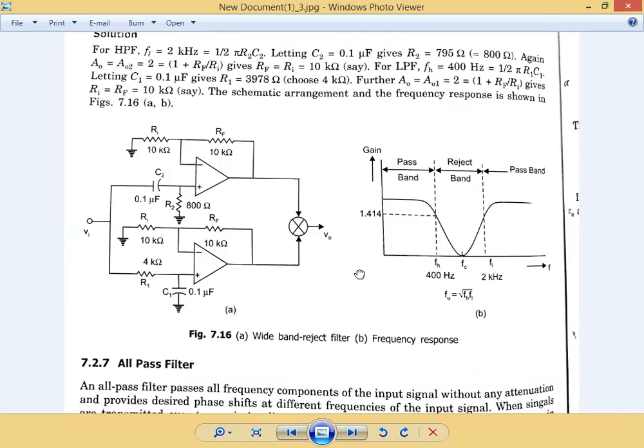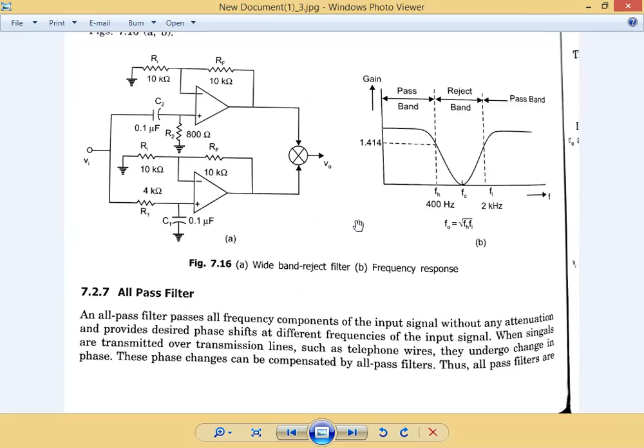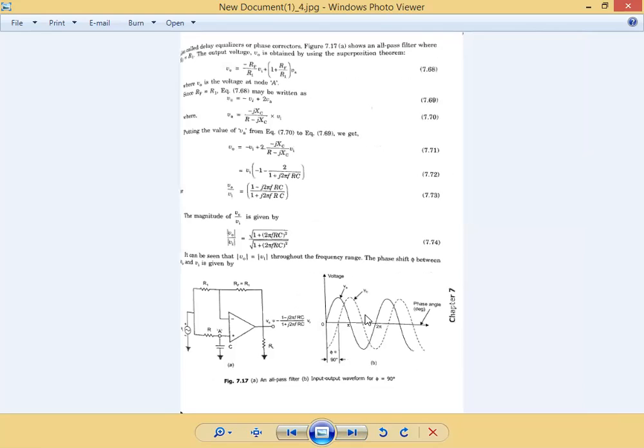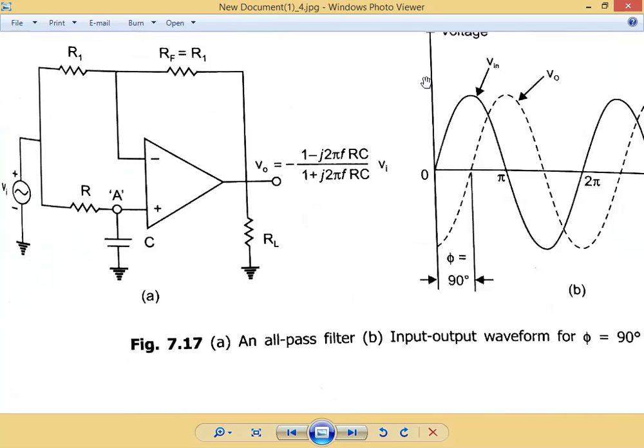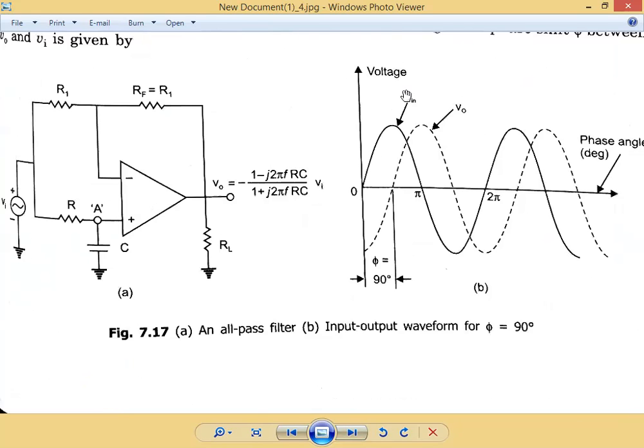And the last concept is nothing but the all pass filter. This filter passes all frequency components of the input signal without any attenuation.